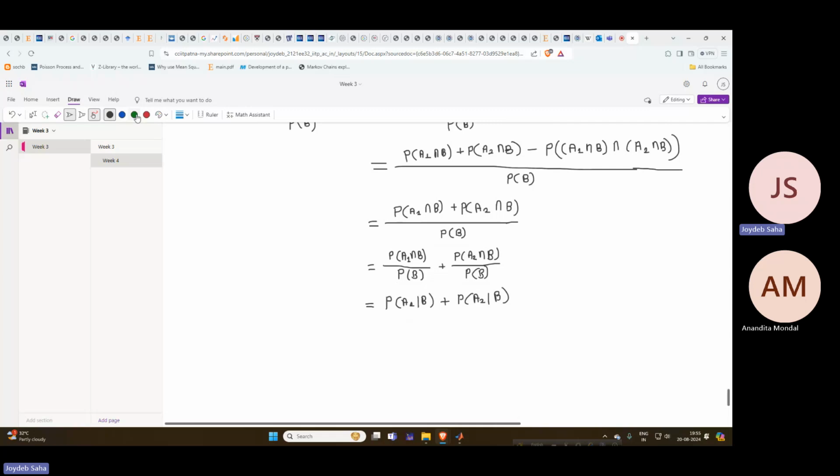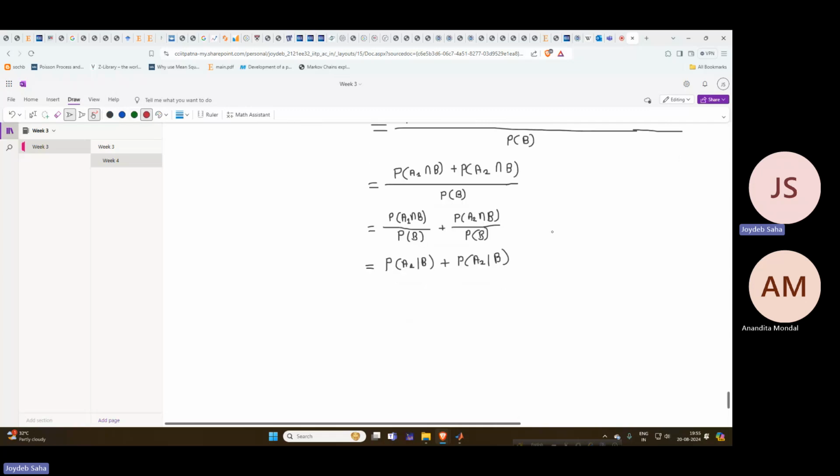And we can realize this also using a diagram, right?